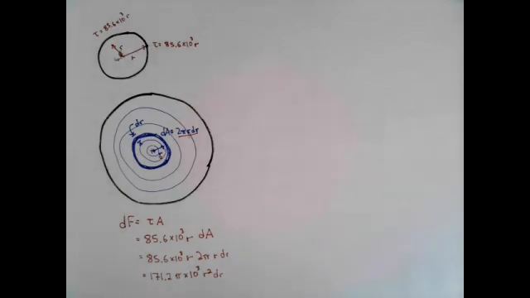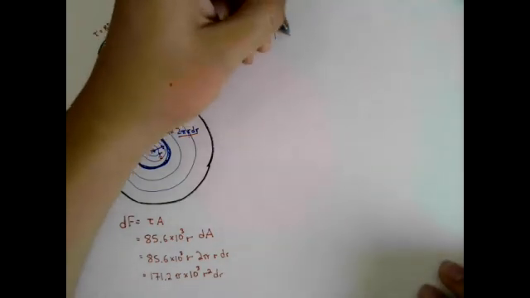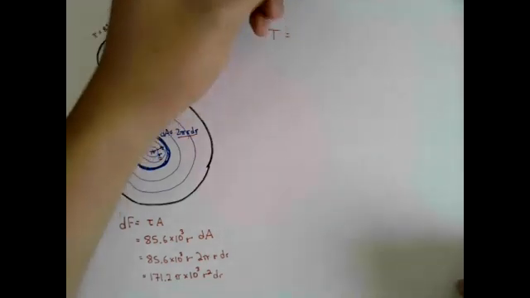The end goal of this problem is not to find force, right? The end goal is to find torque. So why don't we just skip a couple of steps and just define our torque? We know that torque is equal to a force times a distance, right?